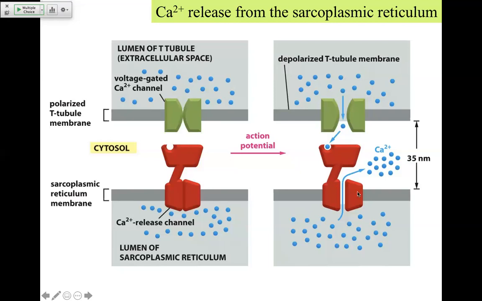That channel will then be opened, which will result in a burst of calcium ions, a huge increase in calcium ion concentration in the cytosol, which will result in binding to the troponin complex, changing the shape of the troponin complex, which results in changing the shape of the tropomyosin, which will then unmask the myosin binding sites on the actin filament, allowing for the beginning of contraction. Right, it's very quick. All of the sarcomeres will be able to contract at the same time.